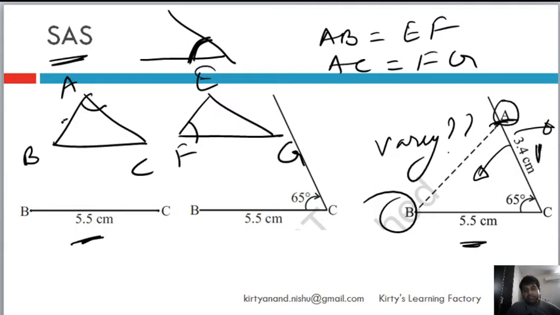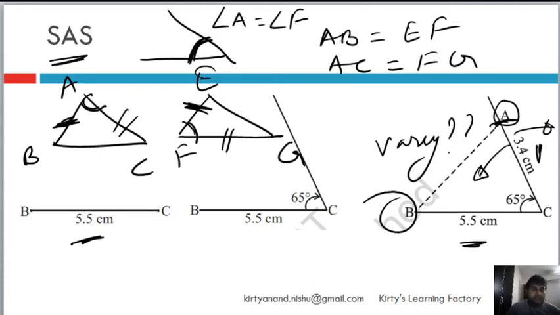Because this side AB is equal to EF, right? And AC is equal to FG, and now you see that angle A is equal to angle F. This has to be given.